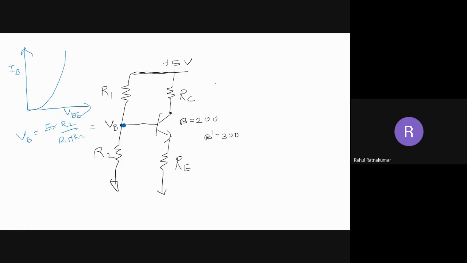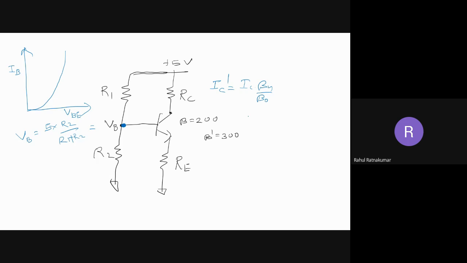IC is going to vary. IC initially was IC. Now the new IC dash equals the earlier IC into new beta divided by old beta, or something like this, right? But definitely it is going to increase, right? So this is the new IC.